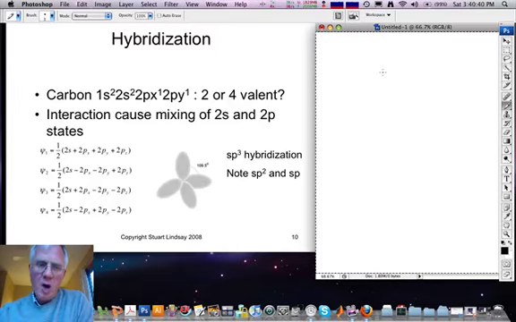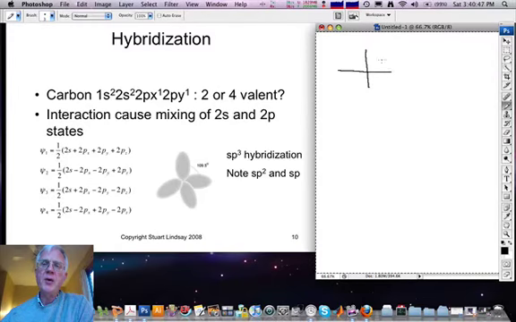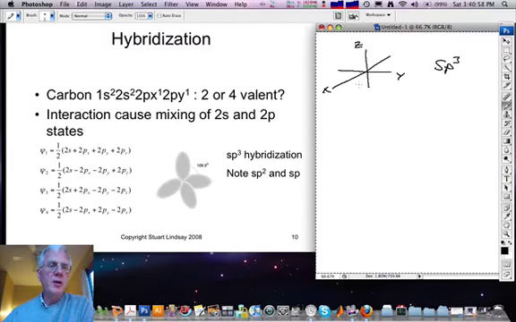The most common type of hybridization is called sp3, and the appropriate linear combination of atomic orbitals is shown on this slide. So let's take a look at this.